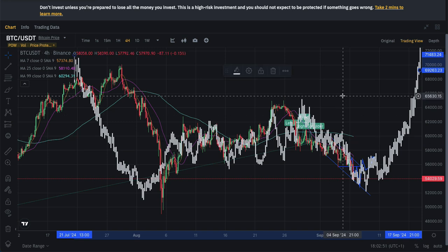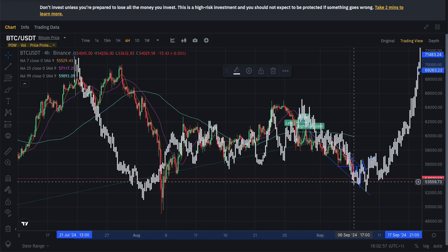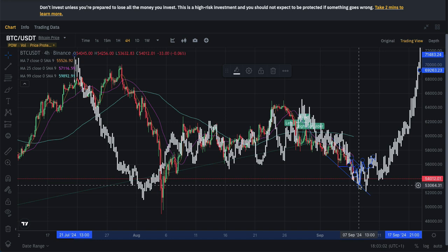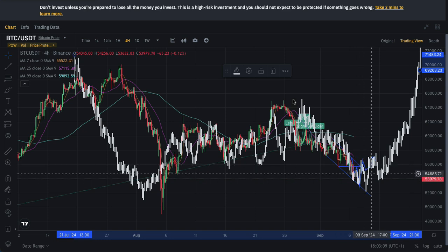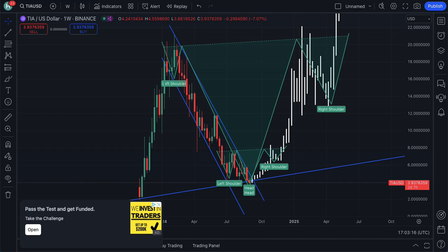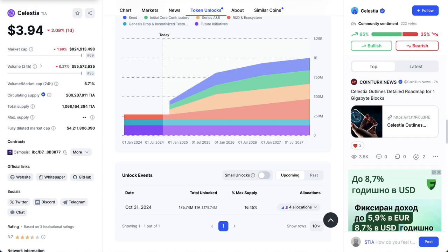I can't tell you for certain, but pretty much I think it will stay around this level, between 53. It's possible to drop even further to 52 and test this trend line, maybe form a bottom. So basically what I'm trying to say is that TIA will correct with Bitcoin, and it's been correcting now.